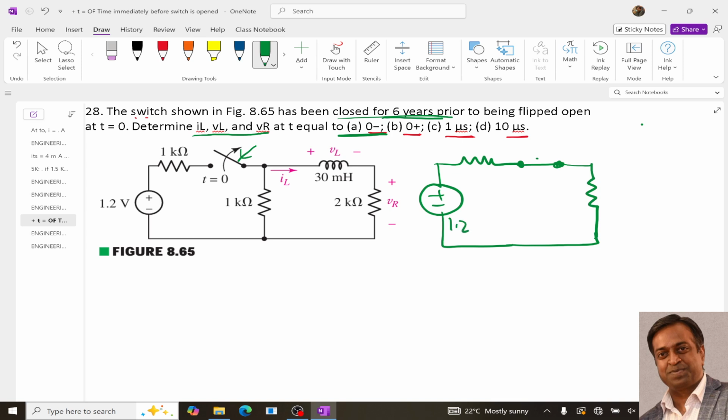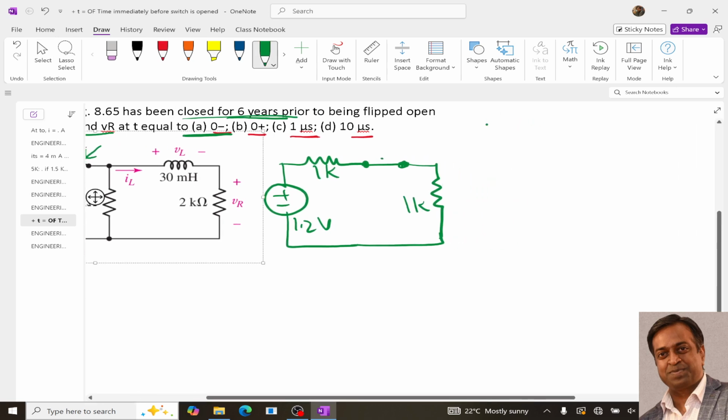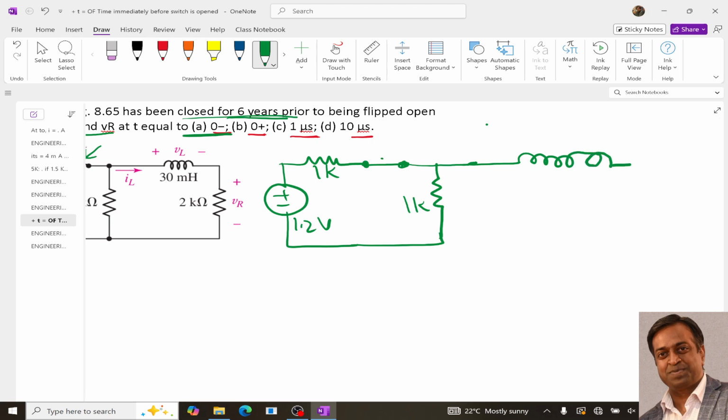This is 1.2 volt, this is 1k, this is 1k, this is 2k, this is VR, this is VL, and this is IL.